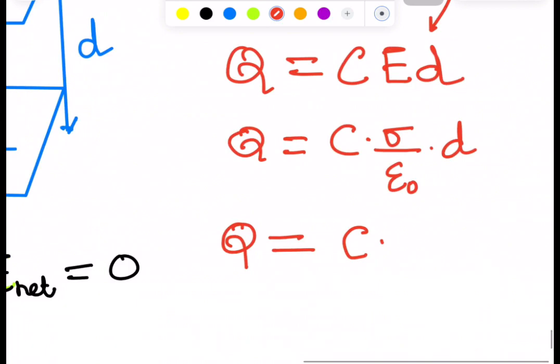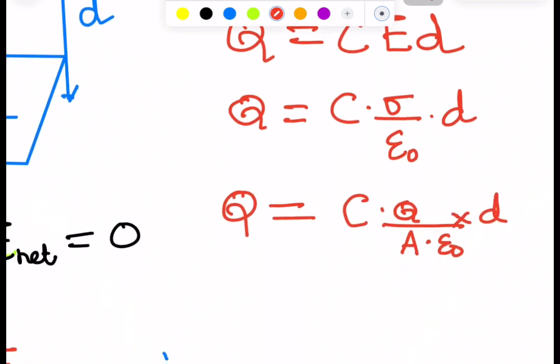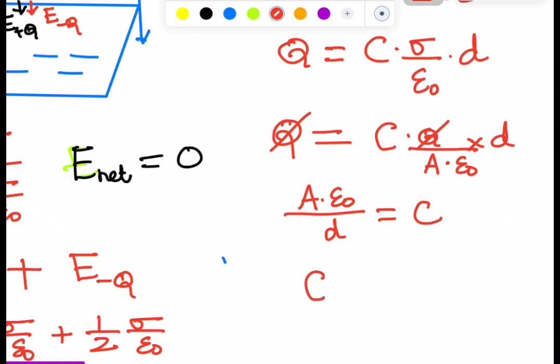Therefore, instead of sigma you can write Q by A, into epsilon naught into d. Now you can cancel Q and Q. Here it becomes 1. Cross multiply. So A into epsilon naught by d is equal to capacitance. Therefore, the capacitance of the parallel plate capacitor can be properly written as epsilon naught A divided by d.